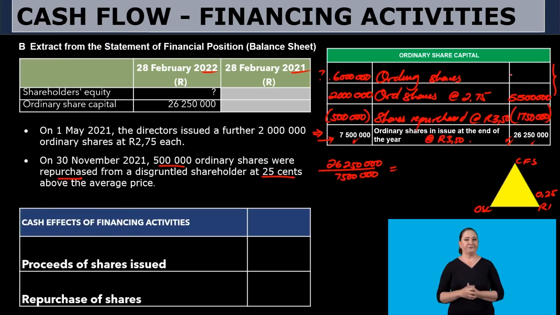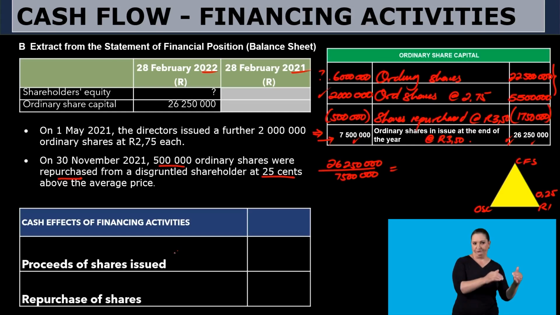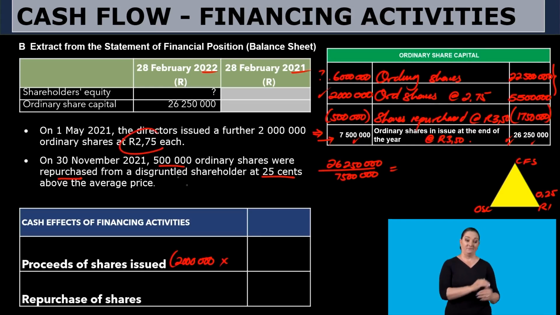So I'll come here, then it becomes 22,500,000. When I come here now, proceeds from issue of shares. We are told here we issued 2 million shares. It was easy. I would have simply said 2 million shares, and then I issued them at 2.75 Rand.